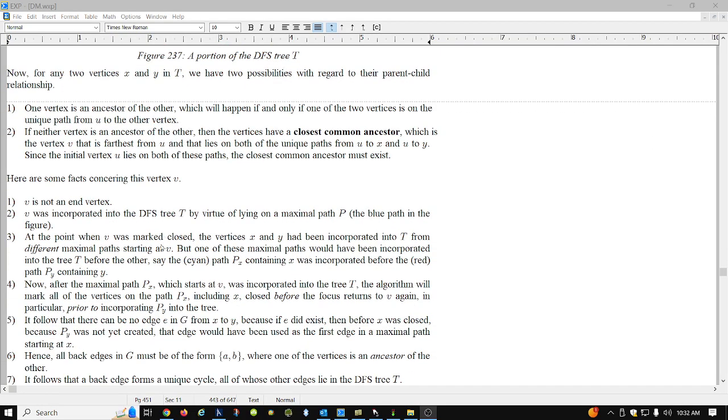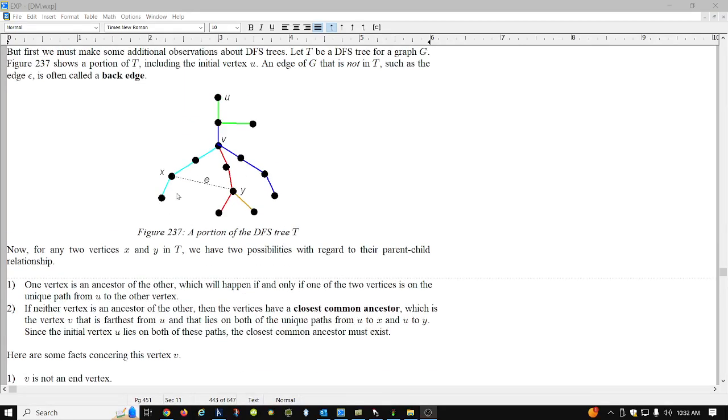Well, what does that mean? It means that there can be no edge E from X to Y. That's this edge that I wrote as a dotted line. Because if there was such an edge, it would have been used during our processing of the tree on the cyan path.